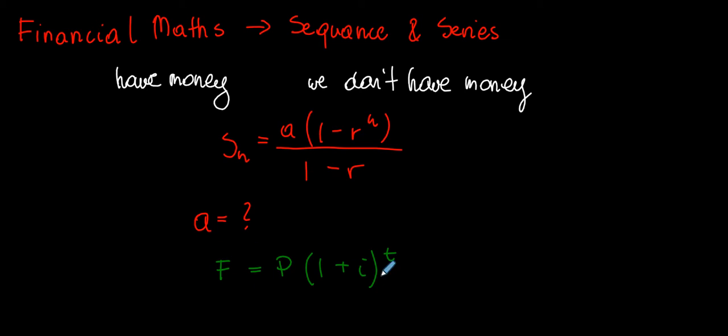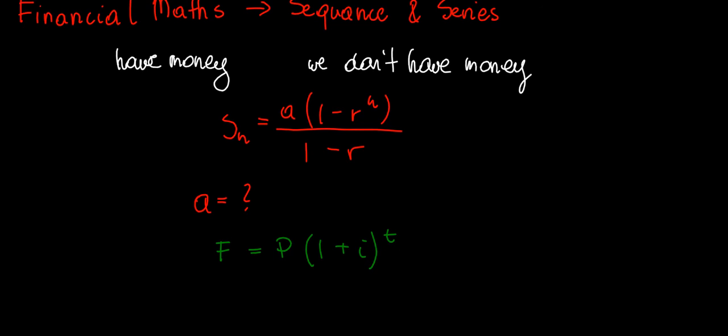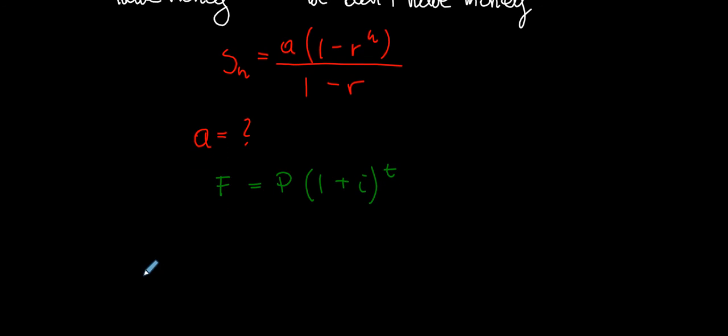Working with this formula, we have two options to derive. We can either express the term in terms of P, which means the payment, multiplied by 1 plus interest to the power of t, which is the time, or we can change that formula for the future payment, and that's the way we express our term.